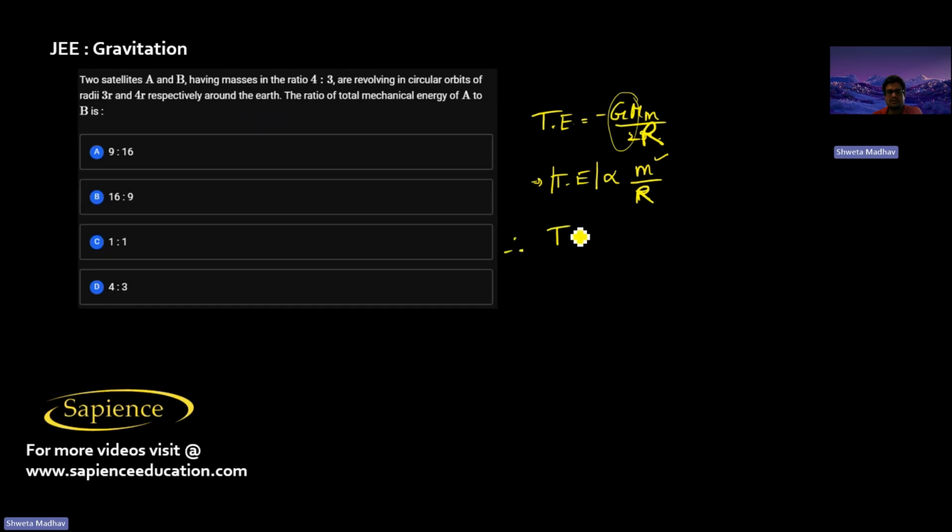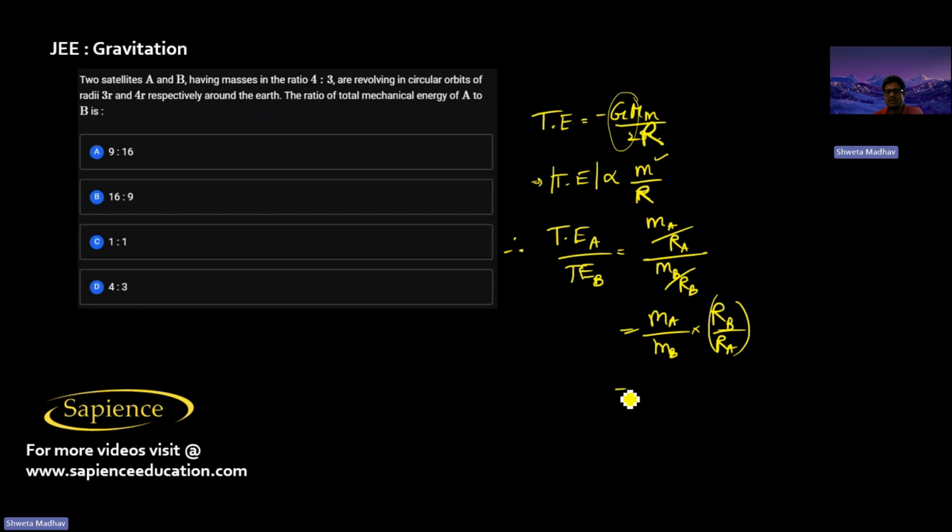So the ratio of the total energy of A by the total energy of B is equal to mass of A by radius of orbit of A by mass of B by radius of orbit of B, which is equal to mass of A by mass of B into radius of B by radius of A. Mass of A by mass of B is given as 4 by 3, and radius of B is 4r, radius of A is 3r.